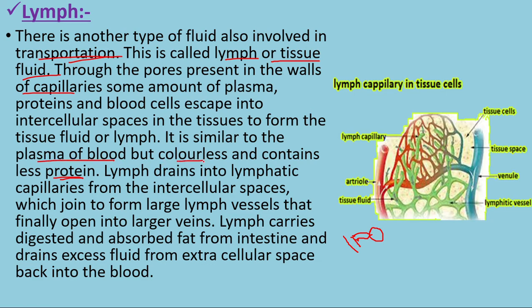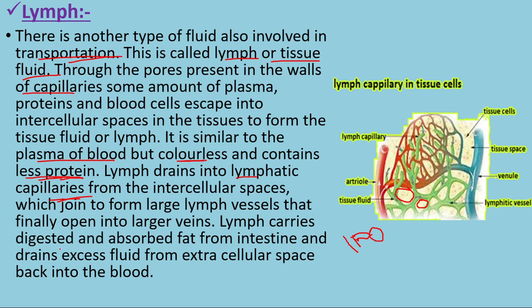The lymph is colorless, guys. The lymph contains a very small amount of proteins. Lymph drains into lymphatic capillaries from the intercellular spaces, which join to form the large lymph vessels and finally drain into larger veins.